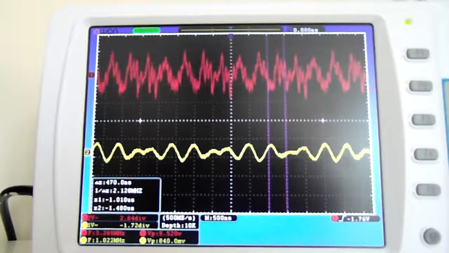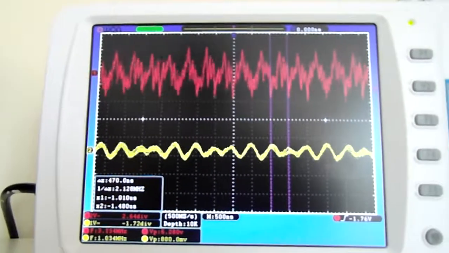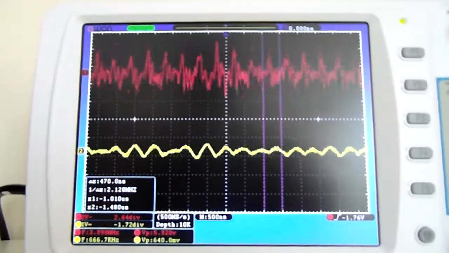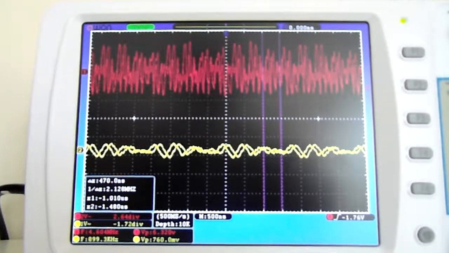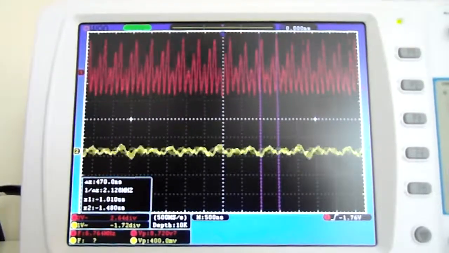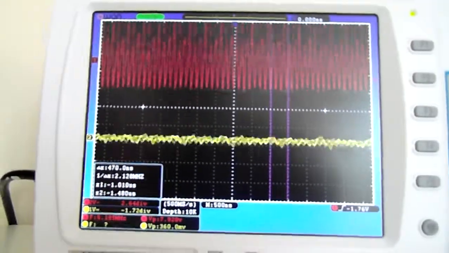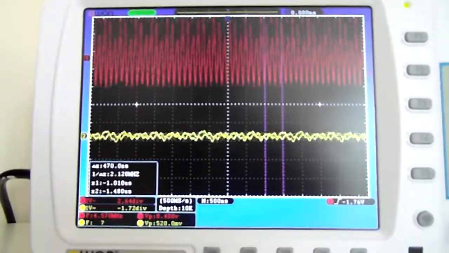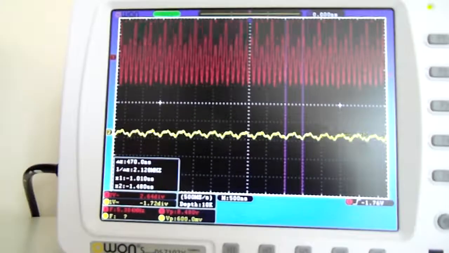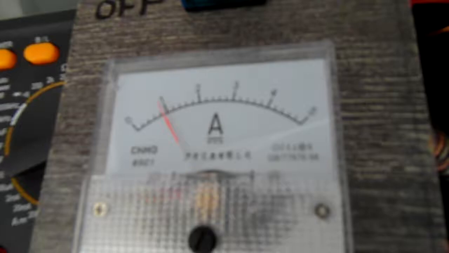and another interesting point is coming now. Yeah, so ferroresonance is increased here again around here. It's 2.3 megahertz, and the input current is nearly 1 ampere.